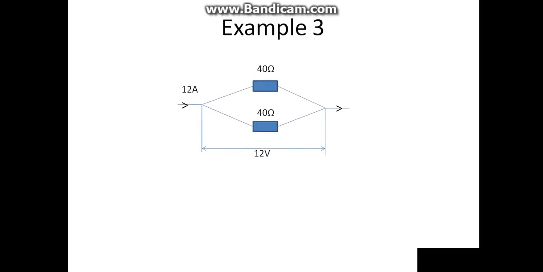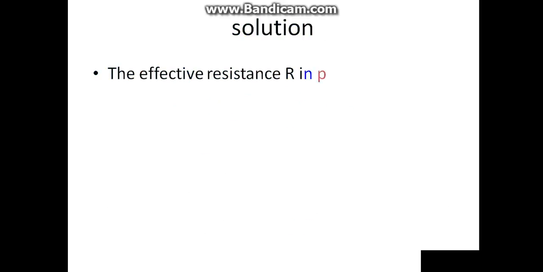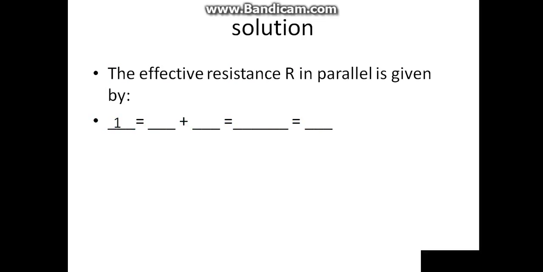Example 3. Looking at figure 4.7, calculate the total heat energy developed in 5 minutes by the system above. Solution. The effective resistance capital R in parallel is given by 1 over capital R is equal to 1 over 40 plus 1 over 40, which is equal to 1 plus 1 all over 40 to give us 2 over 40.